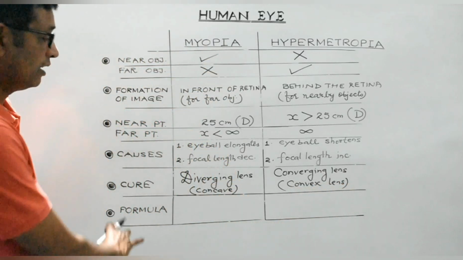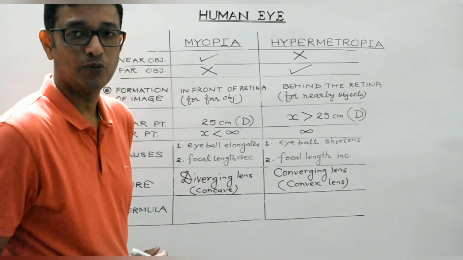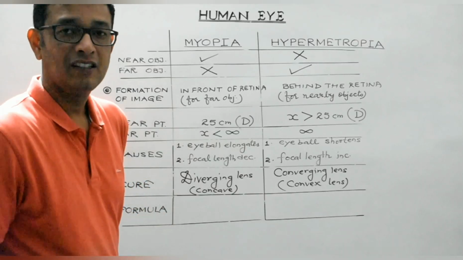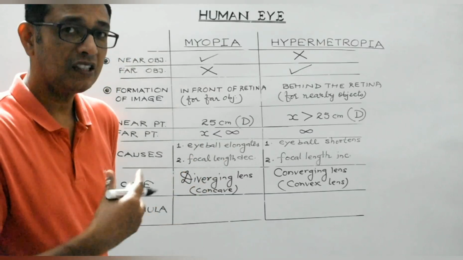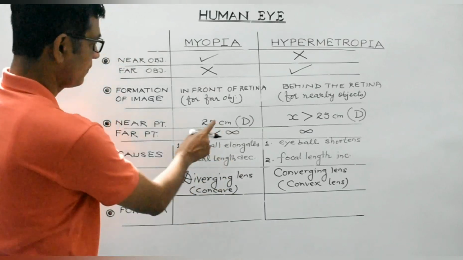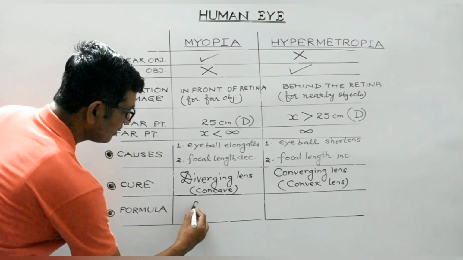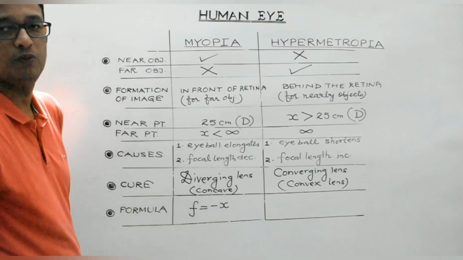Right? And regarding the formula, in numericals we will be using this formula directly, right? In case of myopic eye, the focal length of the diverging lens must be equal to the far point of the myopic eye. That is, in this case, f is equal to minus x. This is the formula.